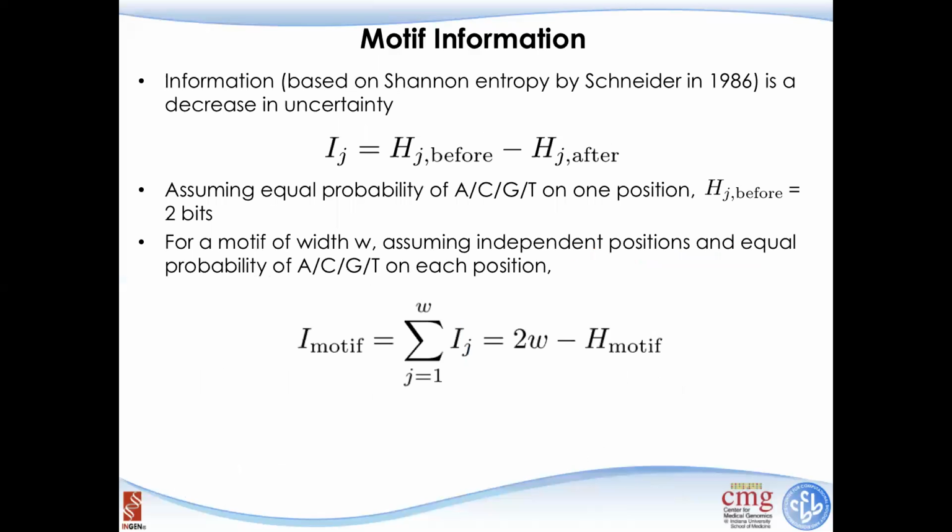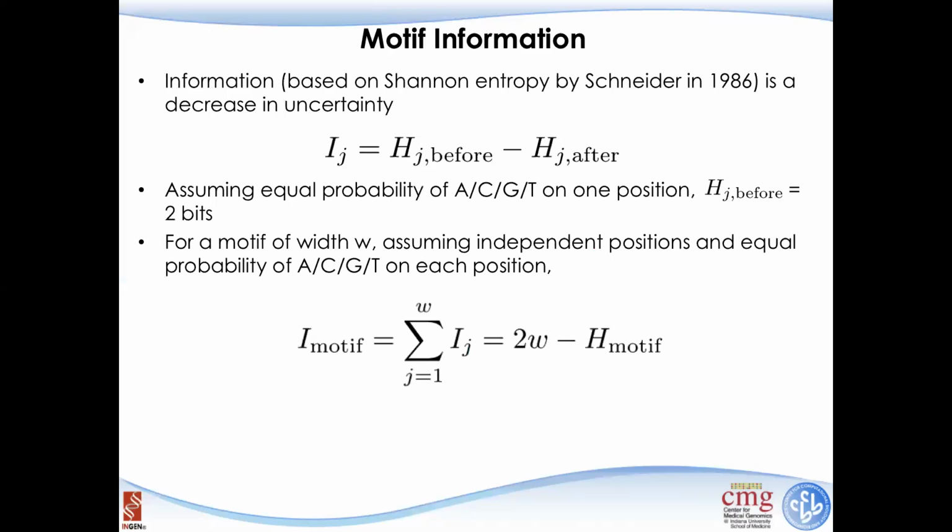Then in 1986, Schneider proposed another idea, information based on Shannon entropy, which shows a decrease in uncertainty. So it's the difference between before and after. In our case, we can define this information as the difference between random and true matches.